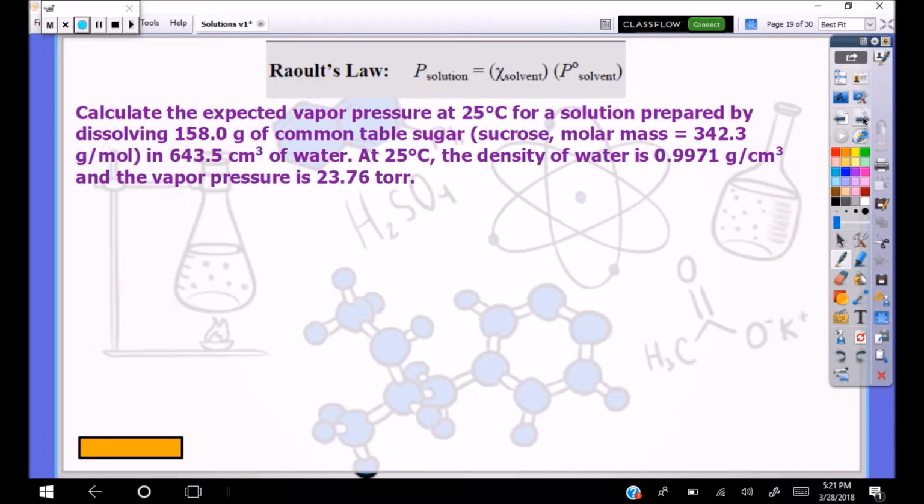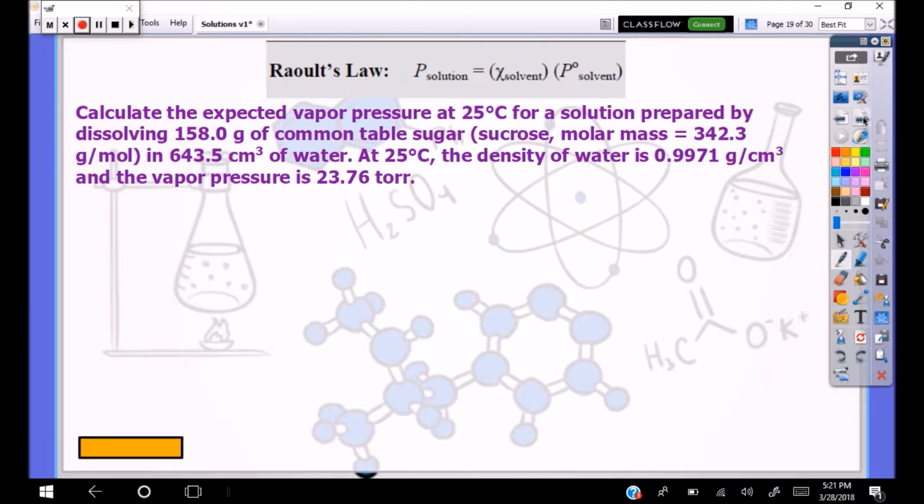So let's do a calculation with Raoult's law. Calculate the expected vapor pressure at 25 degrees Celsius for a solution prepared by dissolving 158 grams of common table sugar in 643.5 centimeters cubed of water. At 25 degrees, the density of water is 0.9971 grams per centimeter cubed, and the vapor pressure is 23.76 torr.